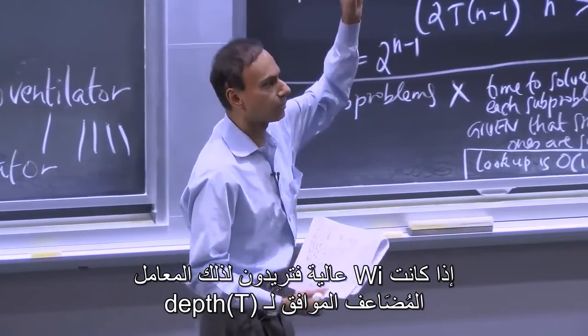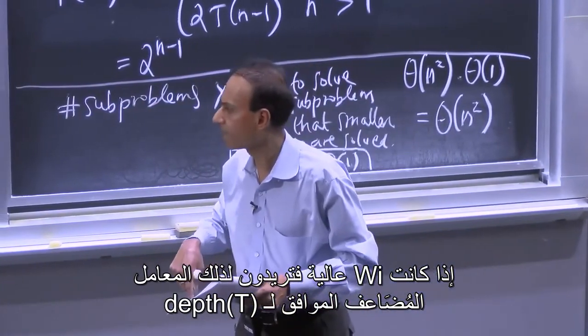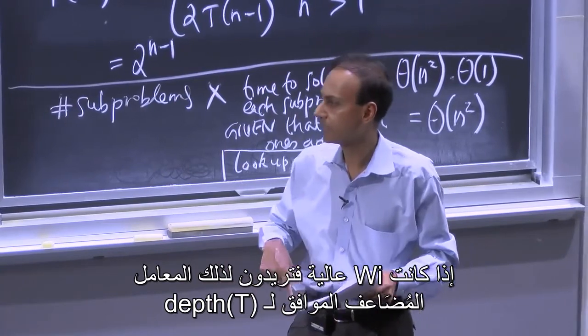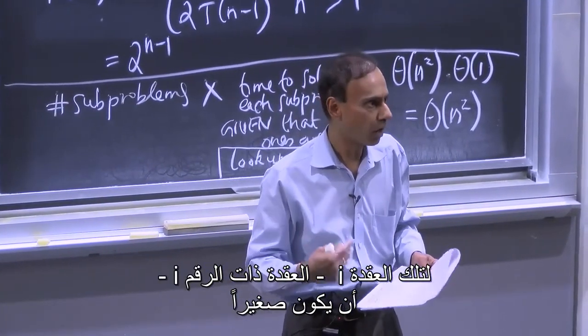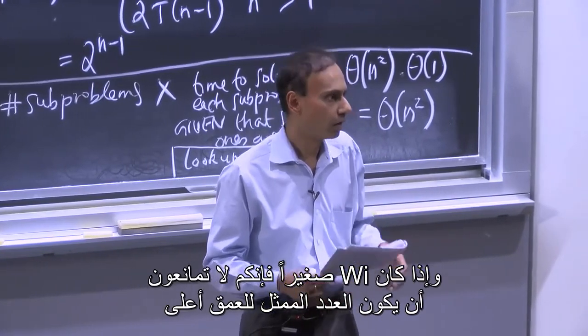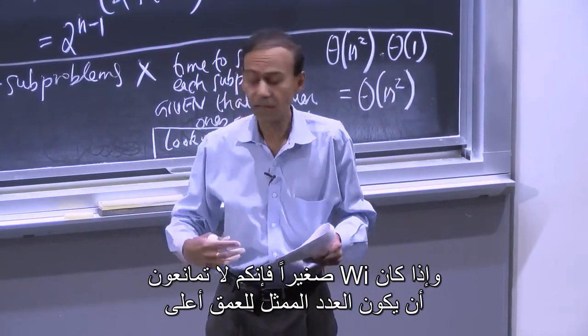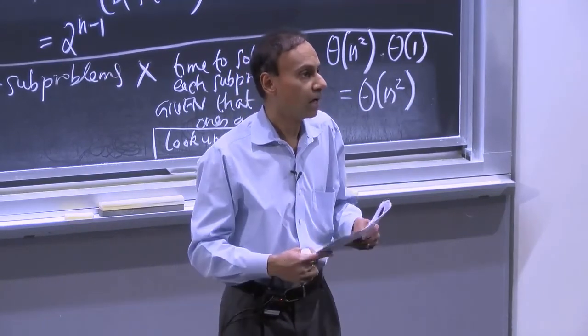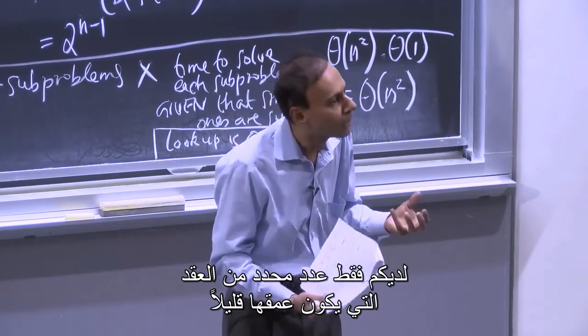If wi is high, you want the multiplicative factor corresponding to the depth in T of the ith node to be small. And if wi is small, then you don't mind the depth number being higher. You only have a certain number of low depth nodes.